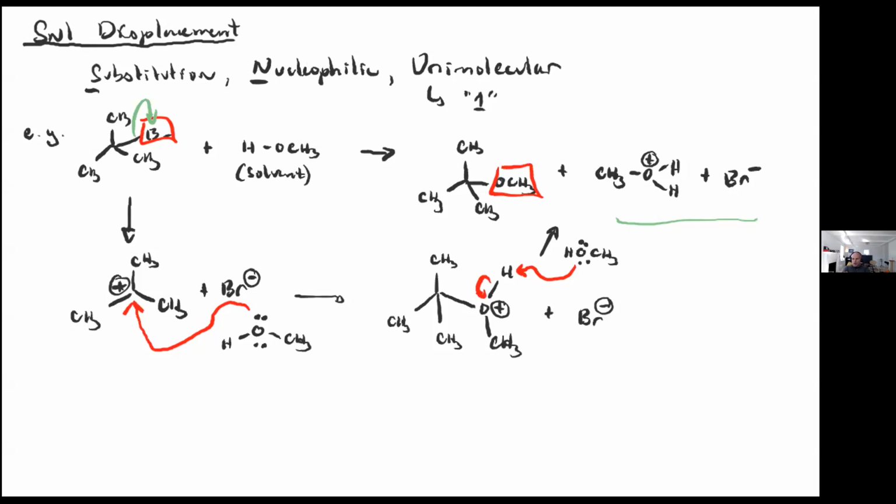So if we assume methanol is the same, you typically run a reaction at, you know, 1 molar, which is a very concentrated reaction. So if we run it at 1 molar, you're talking 55 to 1 solvent to product. And so just based on Le Chatelier's principle, you've got a lot more solvent around, and so the proton's going to end up more over there. Okay. So that's the arrow pushing mechanism for the SN1.